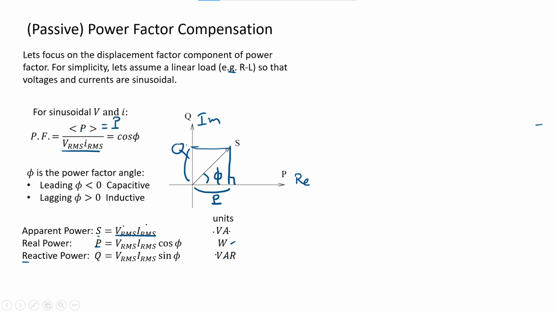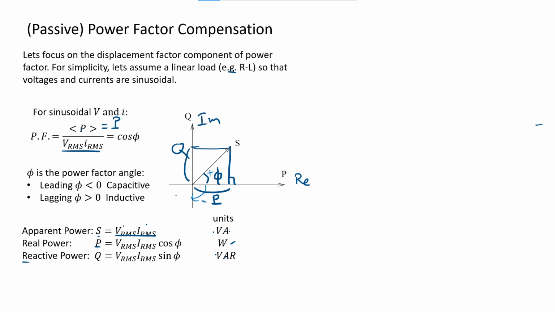And for leading and lagging phase, if it is capacitive, it is leading. Leading means the phase is negative like this. If it is inductive, the phase is lagging. It means phi is positive on this side, negative on this side.